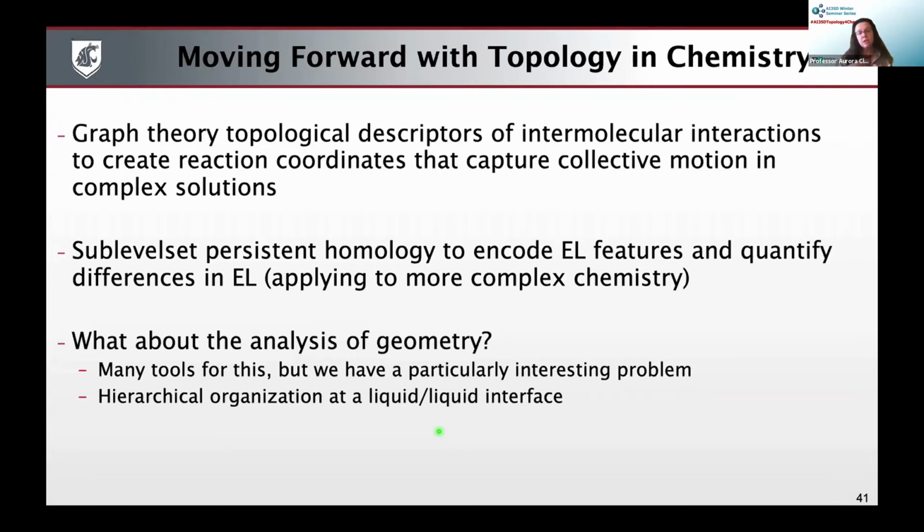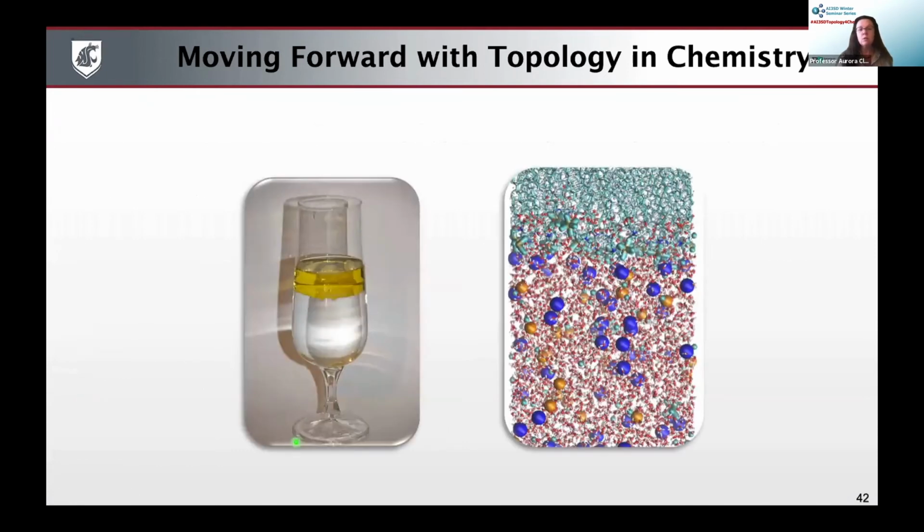In particular, I'm going to focus on the hierarchical organization that can occur at a liquid-liquid interface. When I say liquid-liquid interface, I mean something as simple as just oil and water. We're seeing the macroscopic on the left-hand side, but at a molecular scale, there's a huge amount of complexity associated with the instantaneous interaction surface between these two solvents.